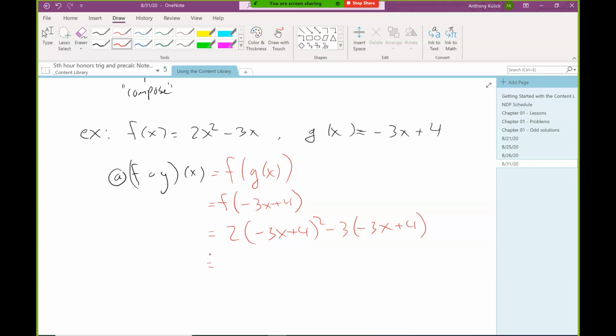What do I need to do to take care of that exponent? You're going to have to make sure that you FOIL there. Very easy to forget to do that. Everybody okay? I'm just going to write out the FOILed response rather than show the FOILing. Is that okay with you guys?